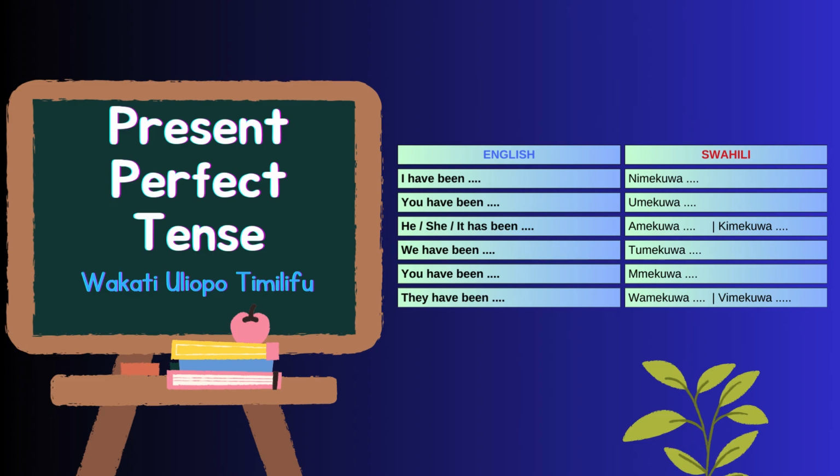For example, you have been happy. He, she, it has been. Examples: he has been fine. She has been well. It has been a beautiful day. We have been. For example, we have been honest. You have been. For example, have you been okay? They have been. For example, teachers have been helpful.